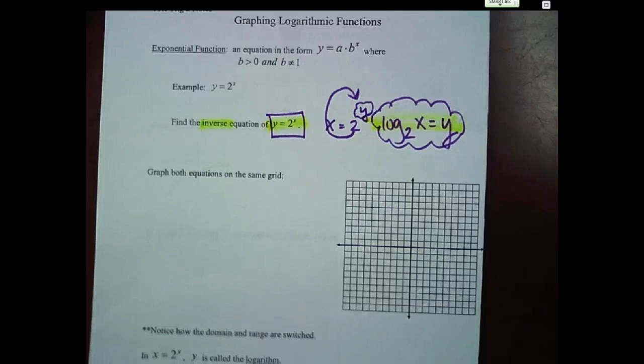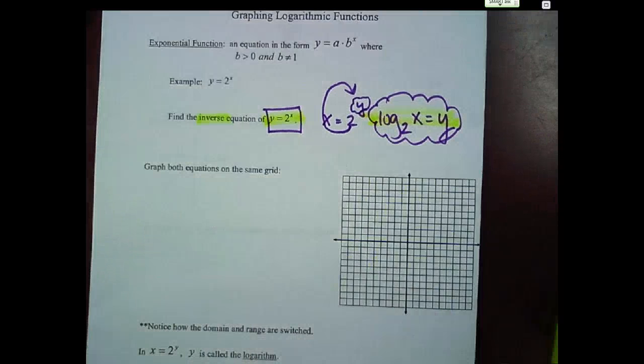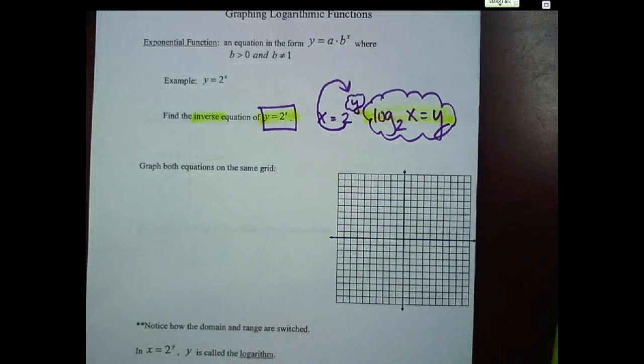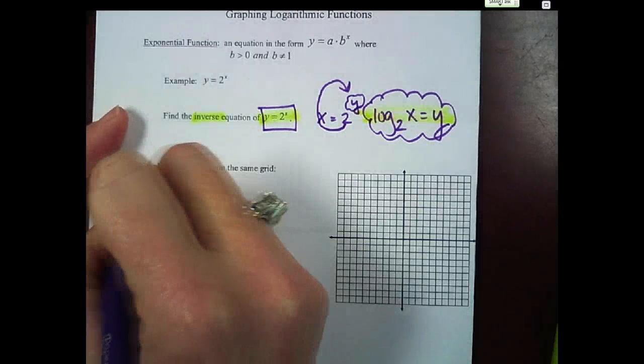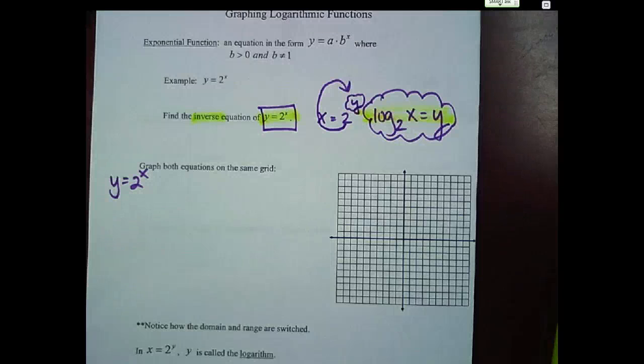Right now, it says here, graph both equations on the same grid. For the first one, our formula is y equals 2 to the x power. Now, this is exponential. We talked about yesterday about powers of 5.